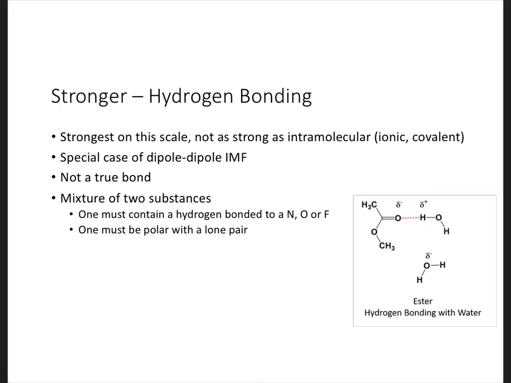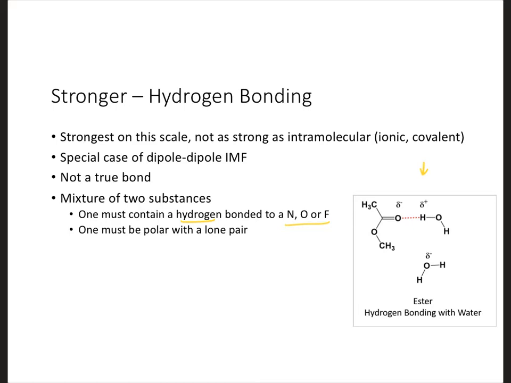So in the case of two different substances, we're looking again for there to be that strong dipole on one of the molecules. We're looking for an oxygen, nitrogen, or fluorine bound to a hydrogen so that we create that strong dipole. Now we have a partial positive on the hydrogen.